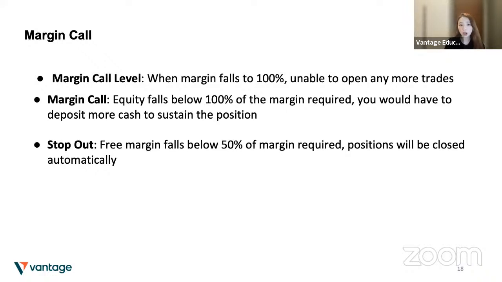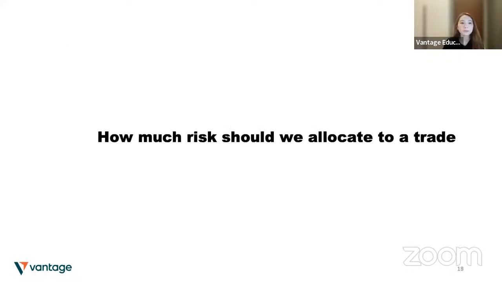A margin call will happen when equity falls below 100% of the required margin, and you would have to deposit more cash to sustain the position. Stop out will happen when it falls below 50% of the required margin, and the position will be closed immediately. I believe all of you know what a margin call, stop out, etc. are, so we will not deep dive into it.